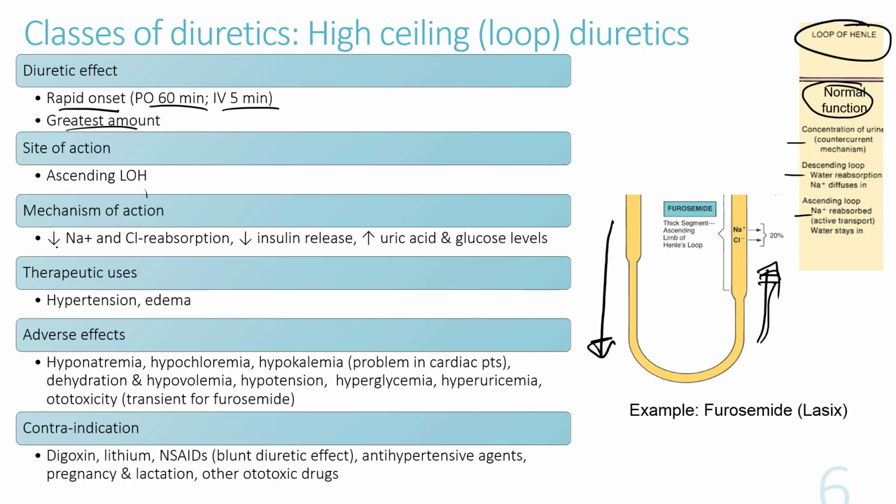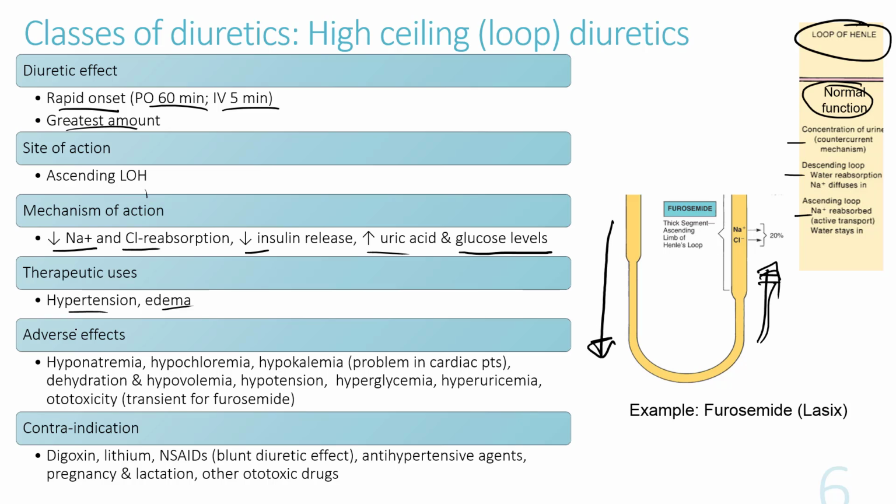Mechanism of action: it blocks sodium and chloride reabsorption, and it also blocks insulin release. Because it blocks insulin release, it causes an increase in glucose levels. It also increases uric acid levels. It's used to treat hypertension and edema.